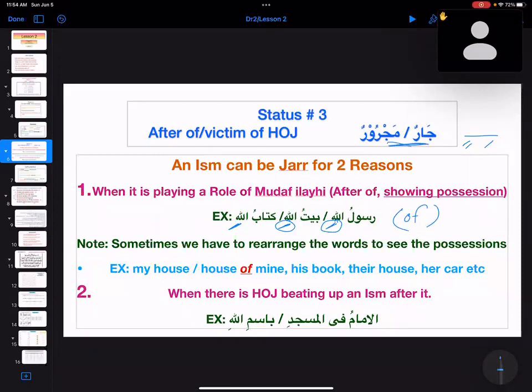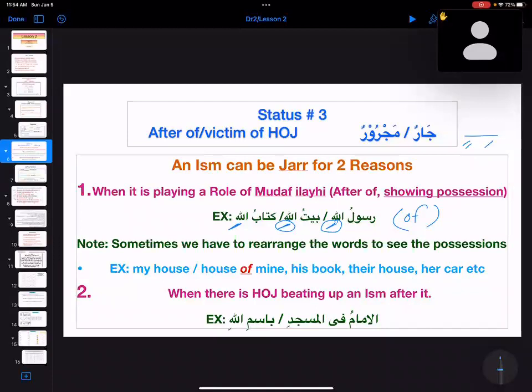Okay, but one thing we need to remember is that sometimes it is not going to show the word of. For example, if I say my house, it doesn't have the word of in between, but we can think that way, that I can say house of mine.